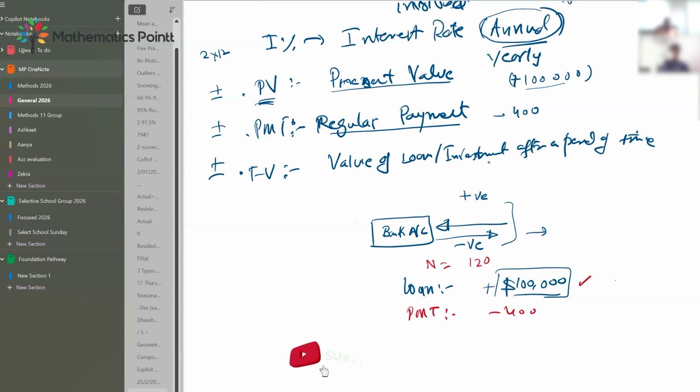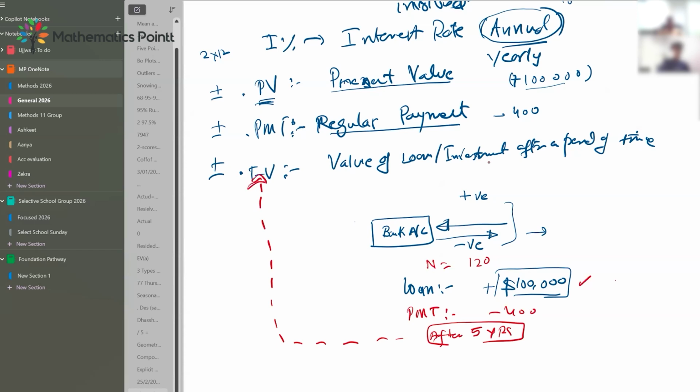So my N is 120. And I now ask you, tell me how much loan will be outstanding after 5 years? That is the future value, FV. After 5 years, what's the value of my investment?